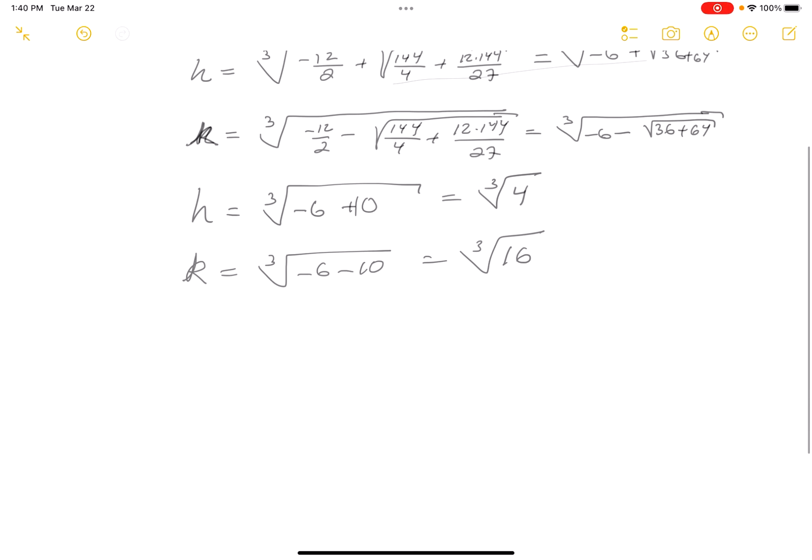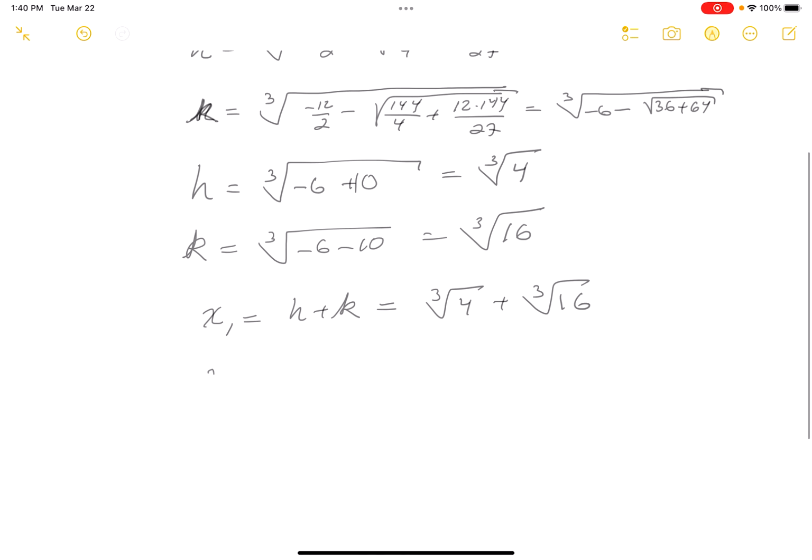The three roots are as follows. x1, the first root, I'll write down as just simply h plus k. What's h plus k? The cube root of 4 plus the cube root of 16. I'll simplify that later, by the way.